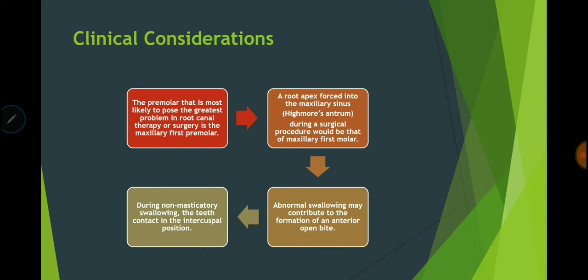The maxillary sinus is also called the antrum of Highmore or maxillary antrum. You can do a maxillary molar root apex procedure, but then there's a risk of pushing the root into the maxillary sinus.